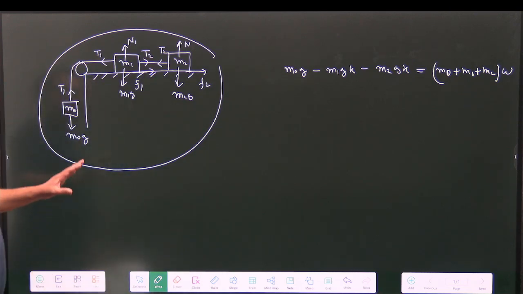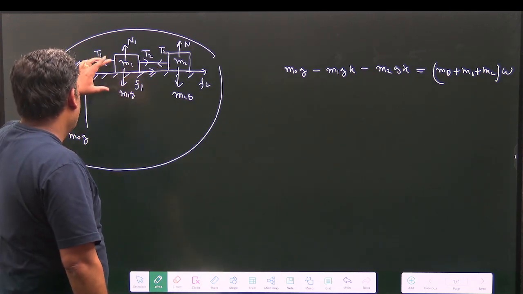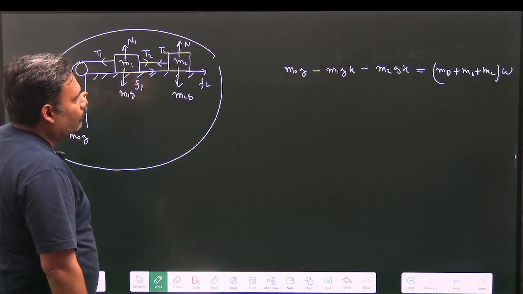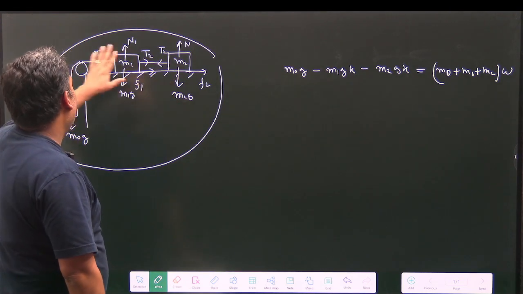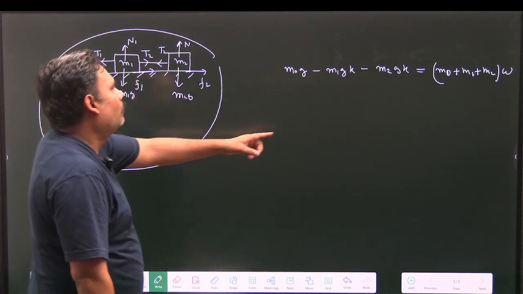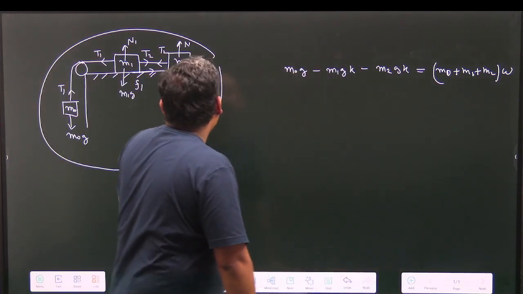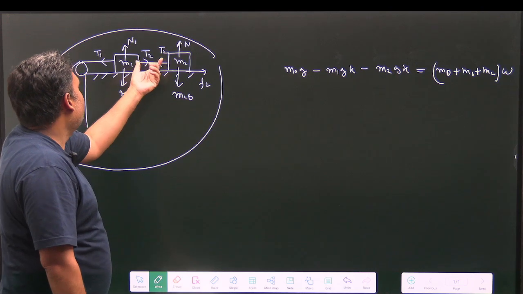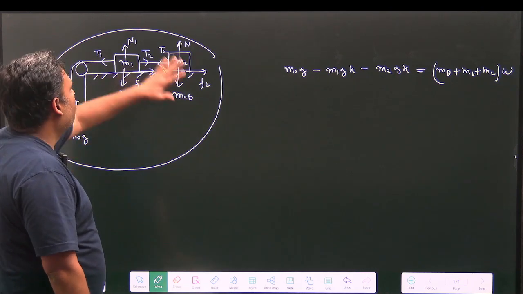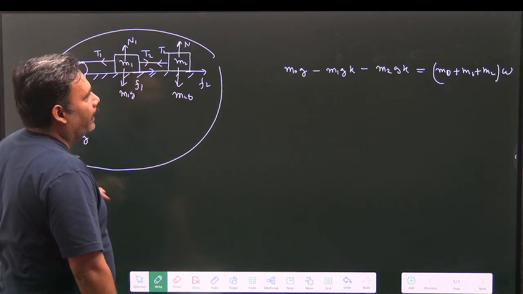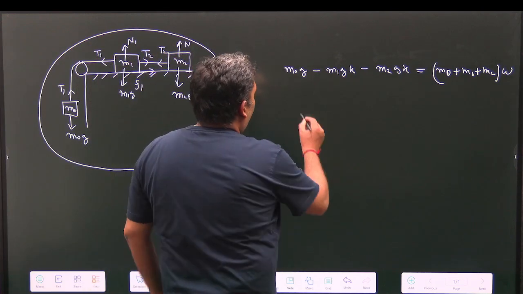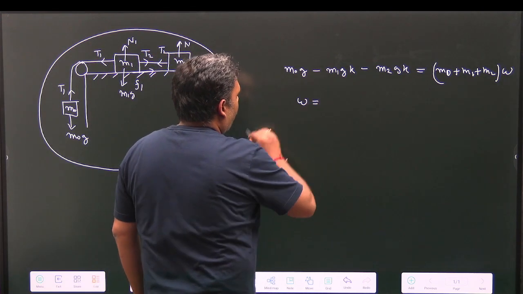And you will find that since the length of this string is fixed, the acceleration of each particle will remain the same. So that is why we can write in this way. And what we have done is we have just assumed that T2 and T1 are just internal forces for the combined system. So from there, we can find the value of w.